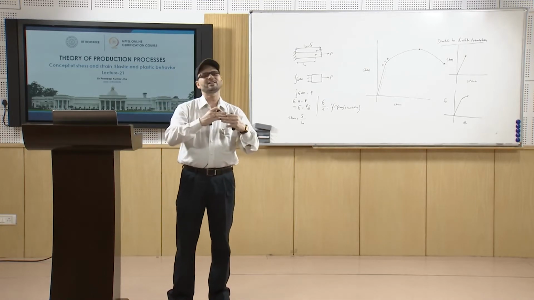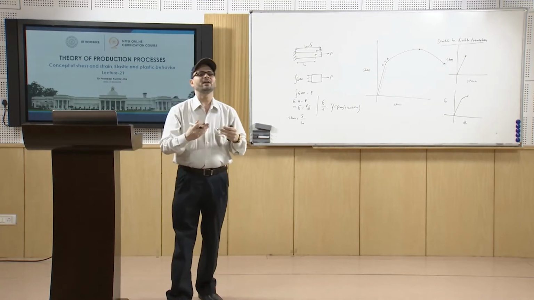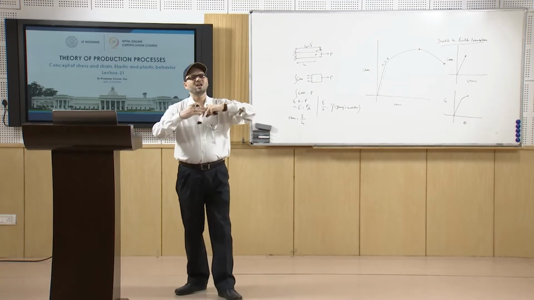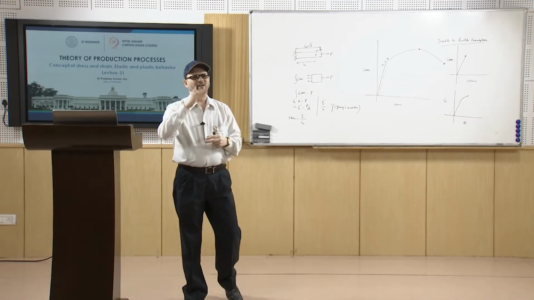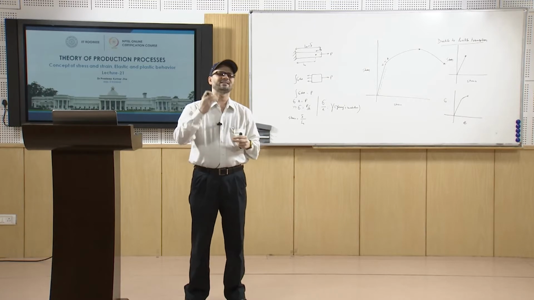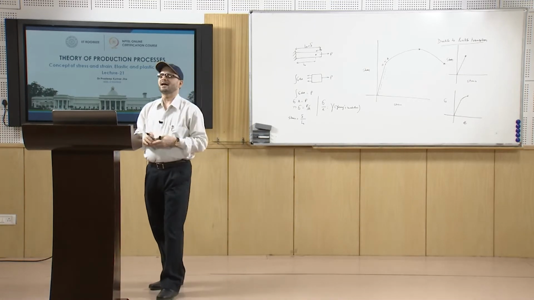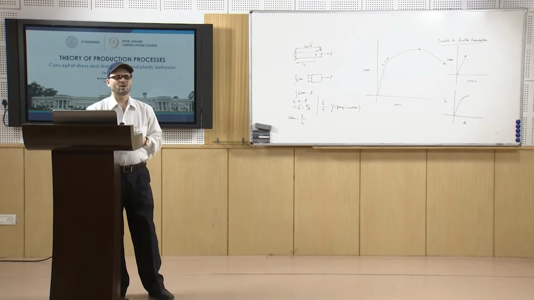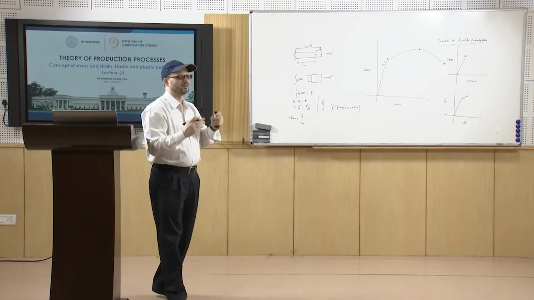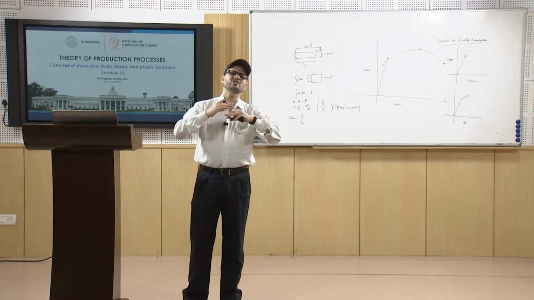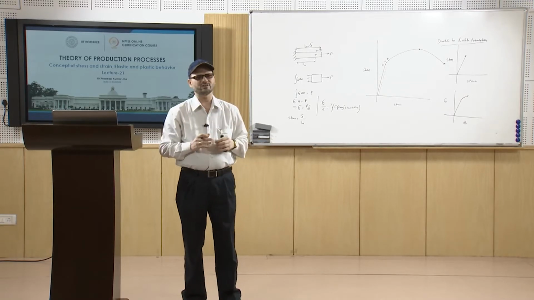So, in that case we say that it is failed. If the deformation goes beyond a certain value, or if the load reaches more than that critical load, in that case we say that this has basically failed. In the elastic region, it is controlled by the modulus of elasticity.